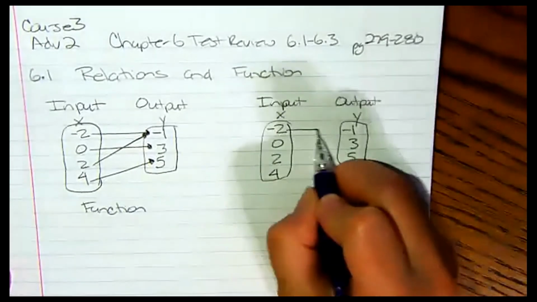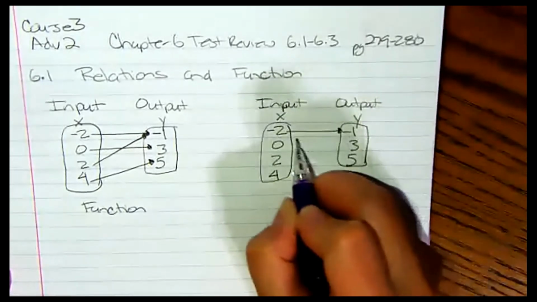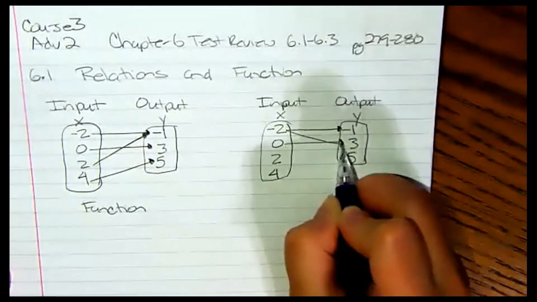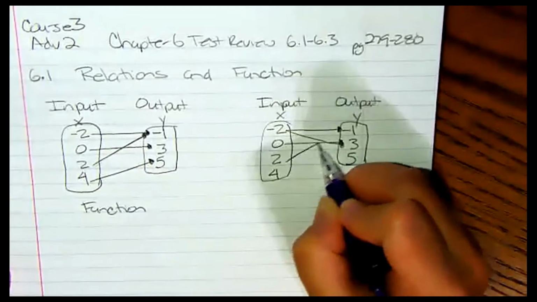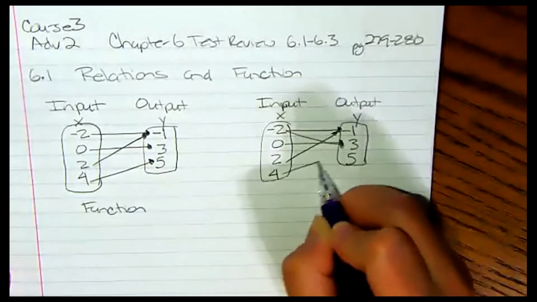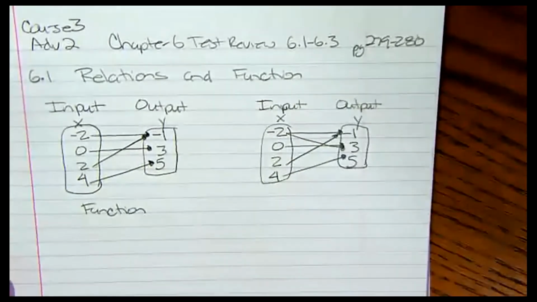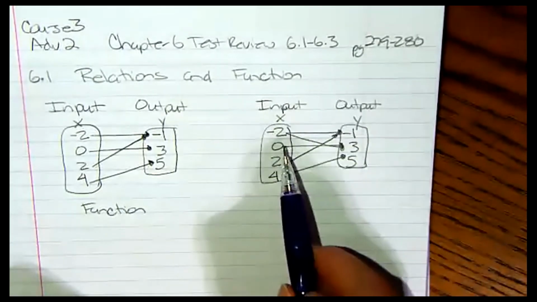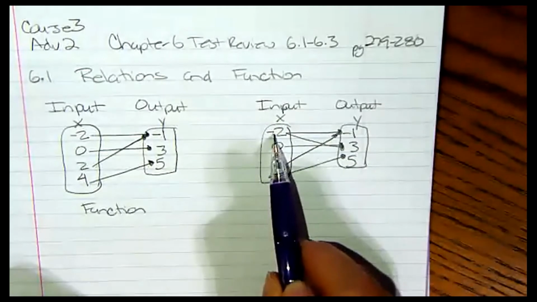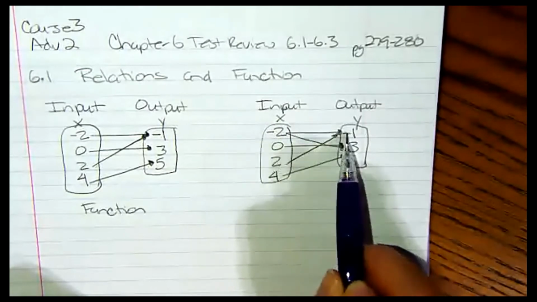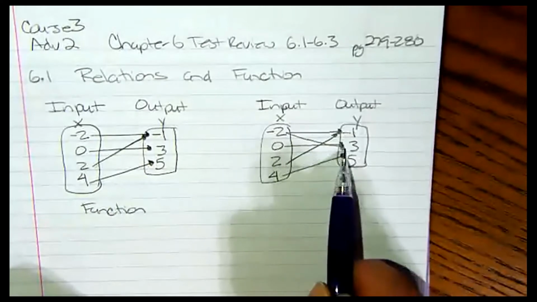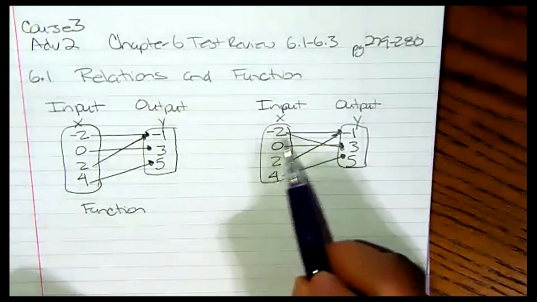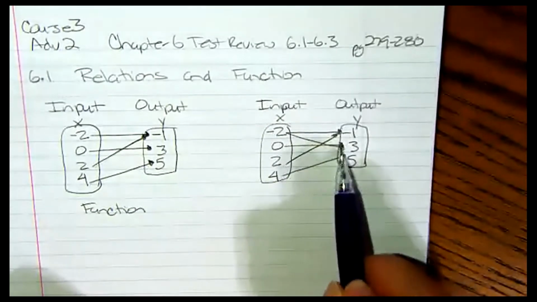But in this case, -2 has 2 different outputs. If you input -2, you're going to get out either -1 or 3. So in this case, -2 has 2 different outputs.